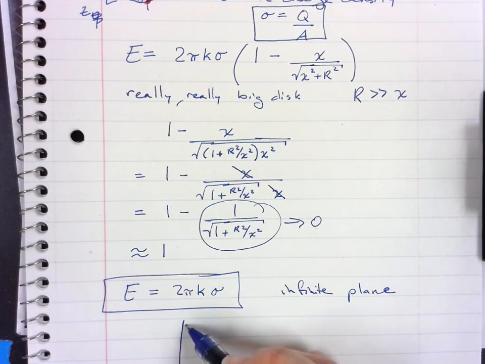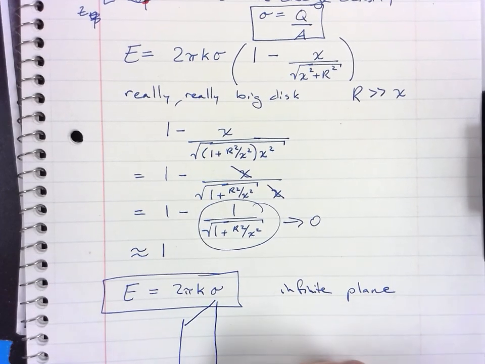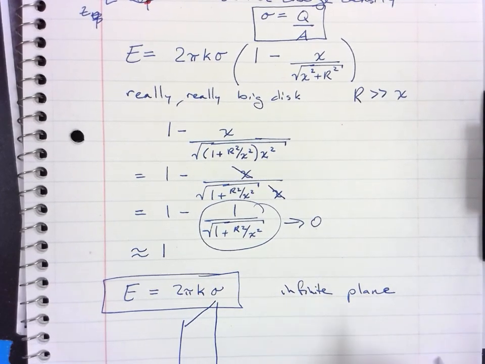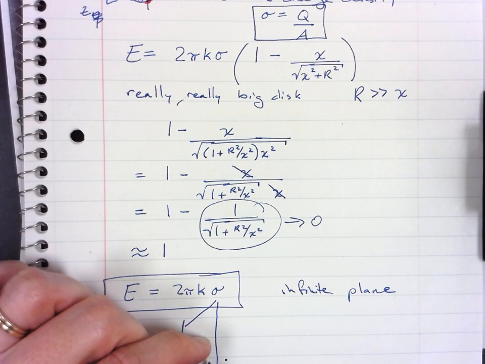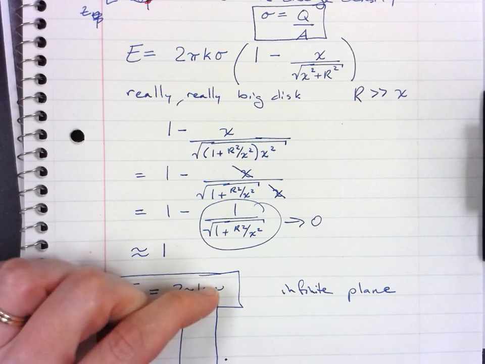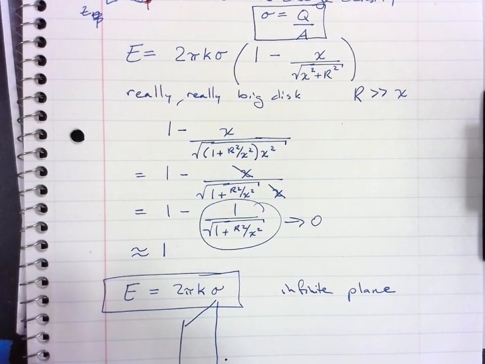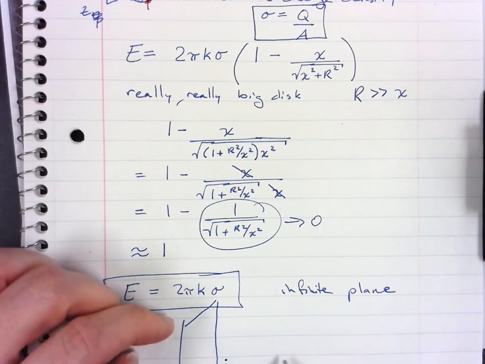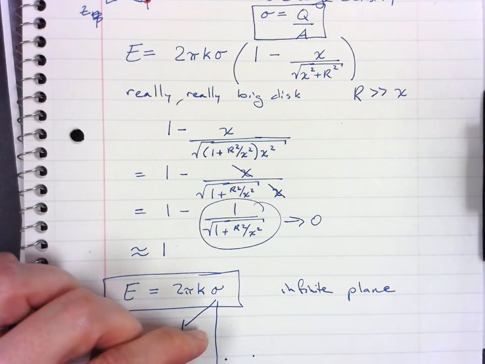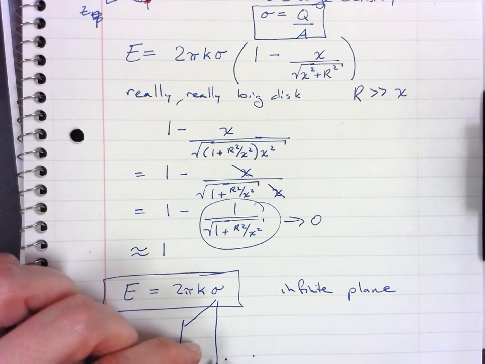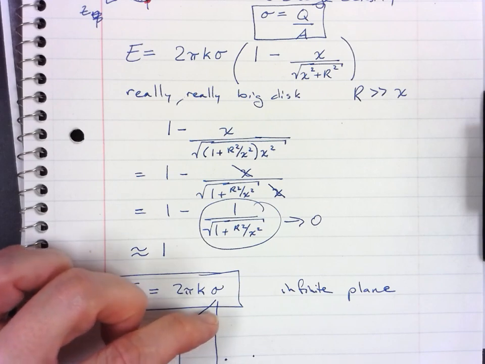So one way of seeing that, if I can try to draw an infinite plane, pretend this is infinite, but if you're really close to it, your biggest contribution of charge is going to be the closest stuff, because the farthest away, it's so far away, it's a really small contribution to the electric field. Well, as you're farther away, these actually are a little weaker on you, so you start seeing more of it.